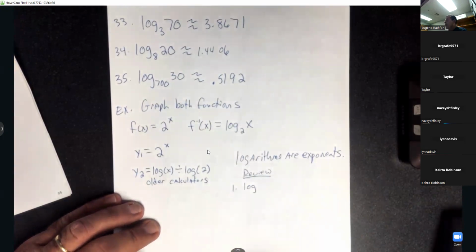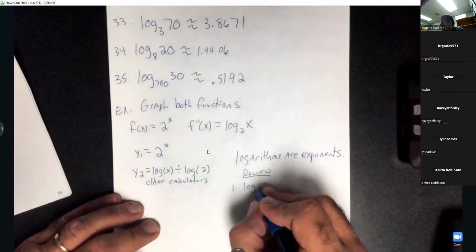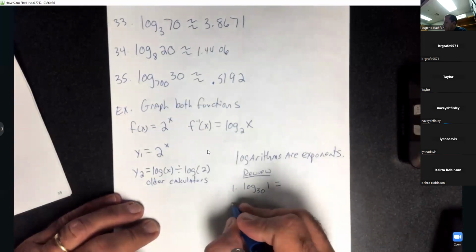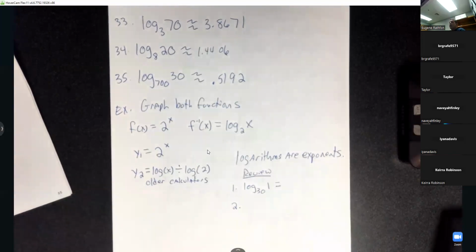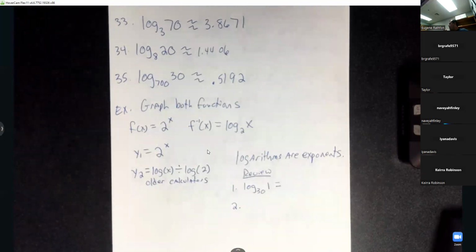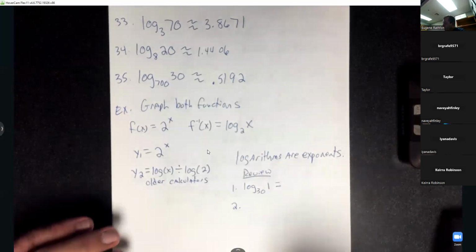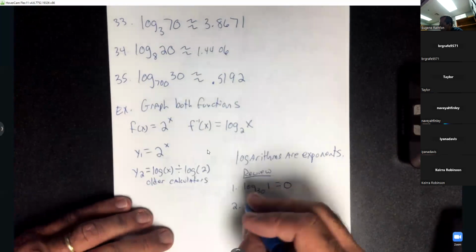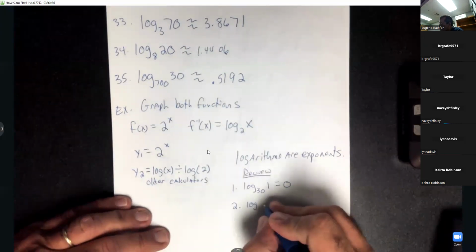So how about this? The log base 30 of 1 equals. So what does log base 30 of 1 equal? Perfect, that is definitely going to be a 0. How about the log of 10?